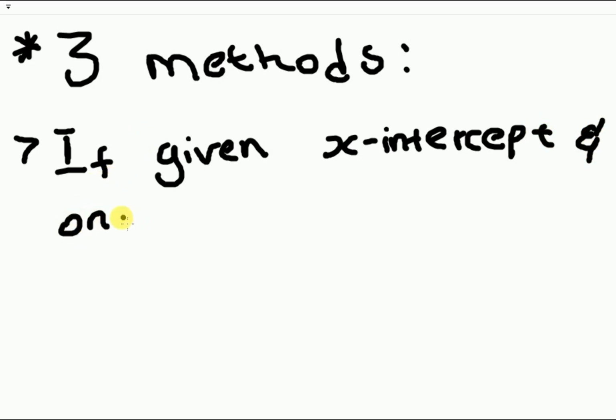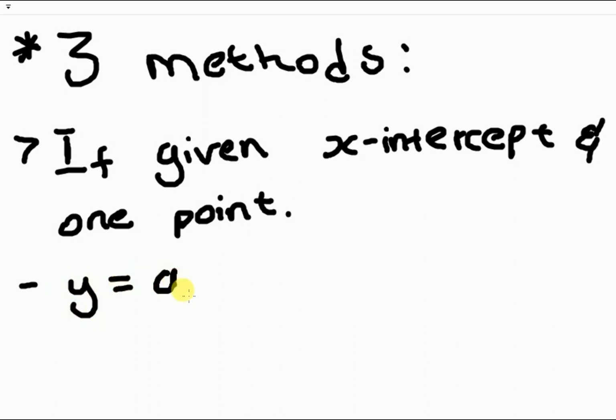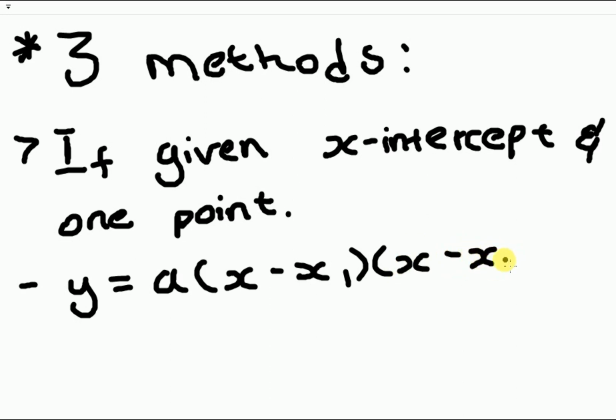This can be any point which lies on your parabola. The formula that you will have to use is y is equal to a open bracket x minus x1, open bracket x minus x2.